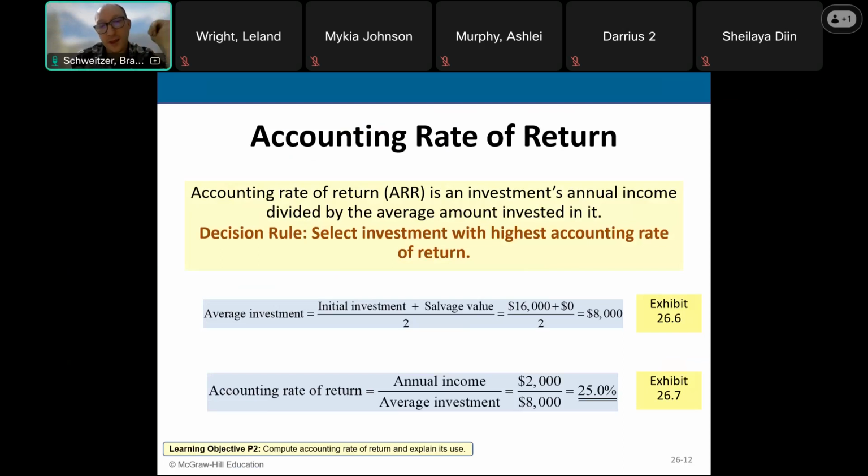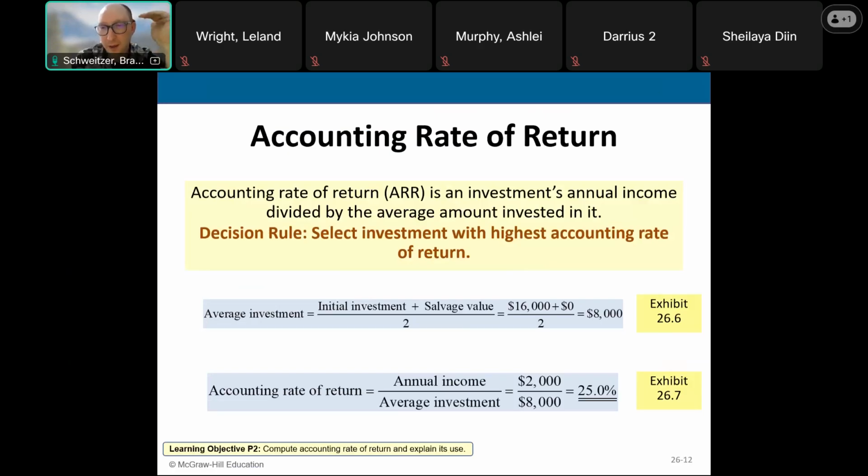Now to find the accounting rate of return, step 2, is we take the annual income, net income, and our example is 2,000, divided by the average investment, 8,000, from the first step.